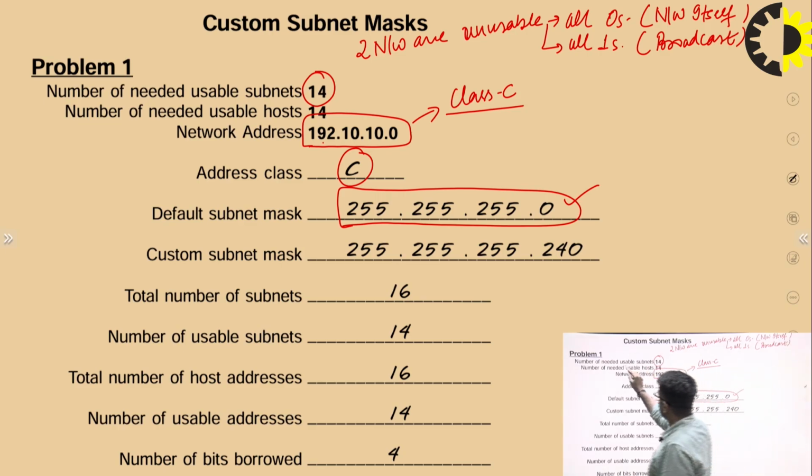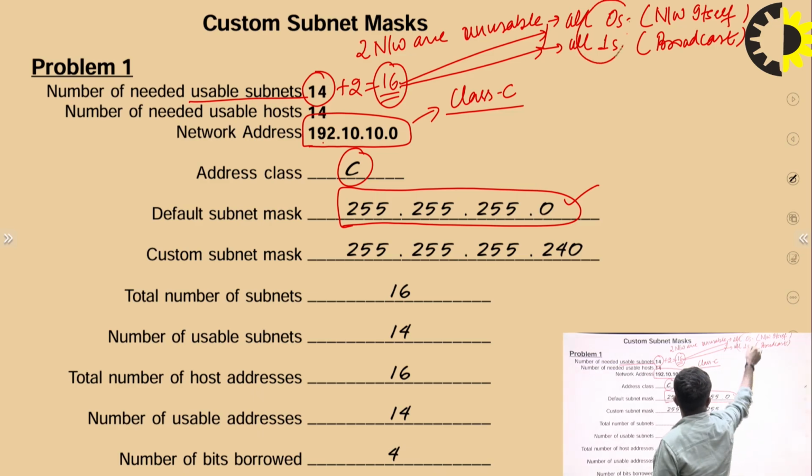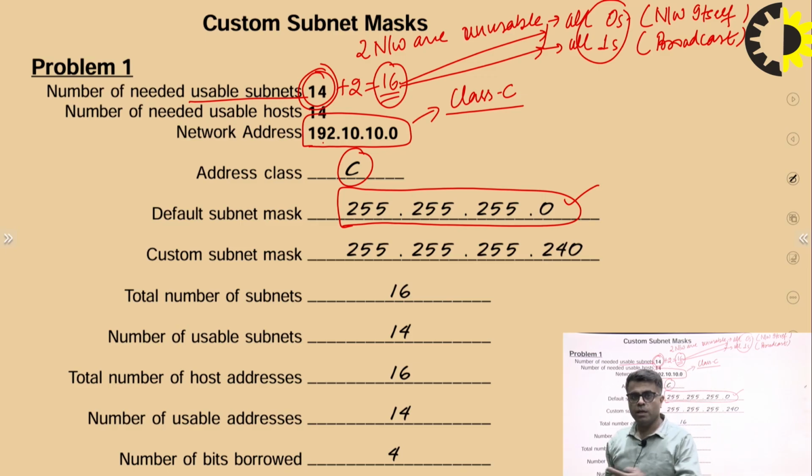So if you want 14 usable subnets, that means definitely plus 2. Which 2? All zeros and all ones. These must be there. So there will be 16 nets in total, and out of these two won't be used. So there will be a total of 14 subnets which can be used.